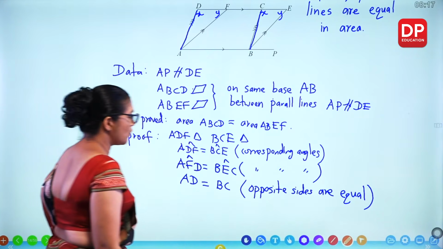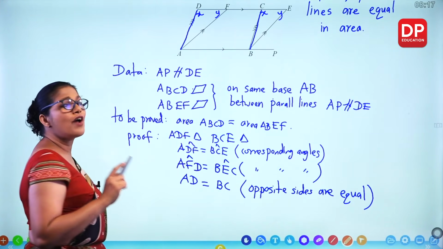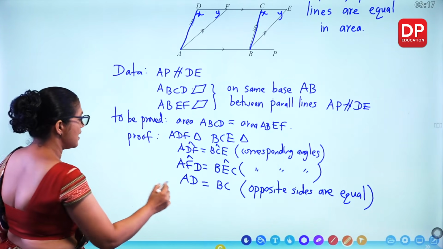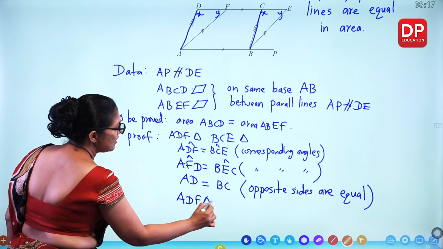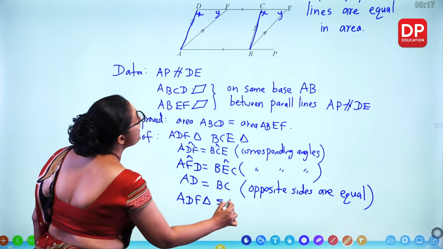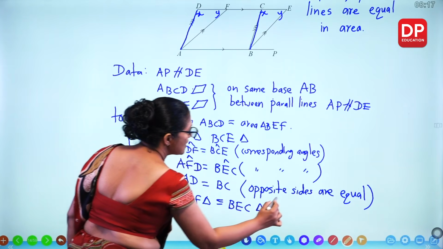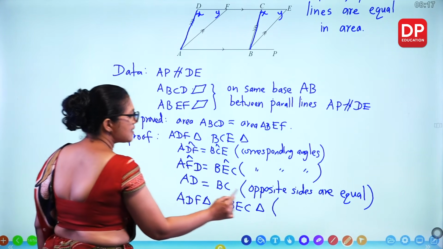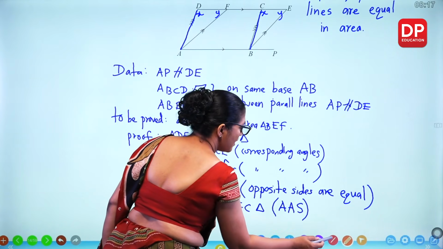So both are equal. So what can you say about these two triangles? These two triangles are congruent. ADF triangle is congruent to BEC triangle. So what's the situation? Angle, angle, side.